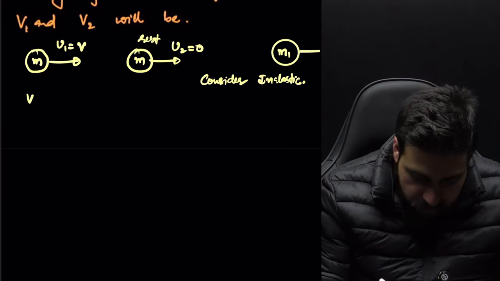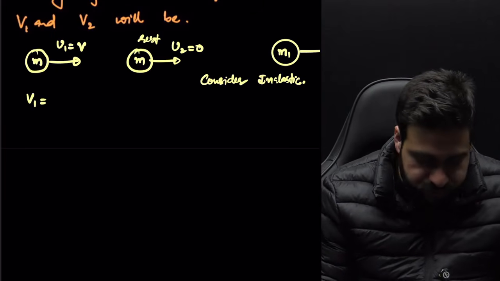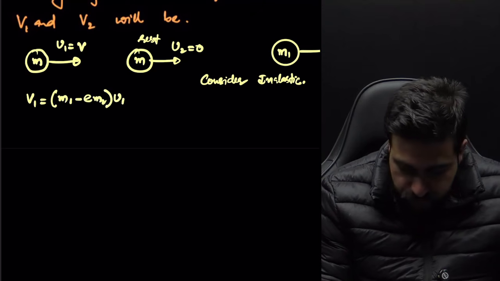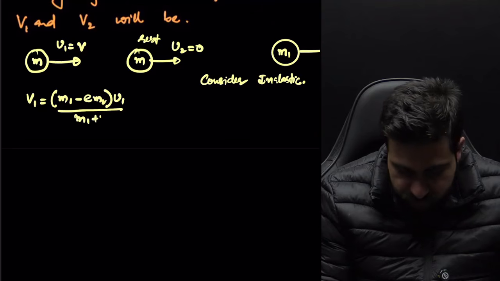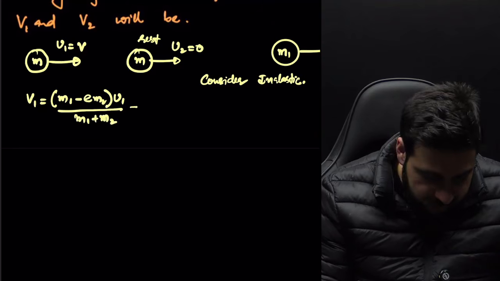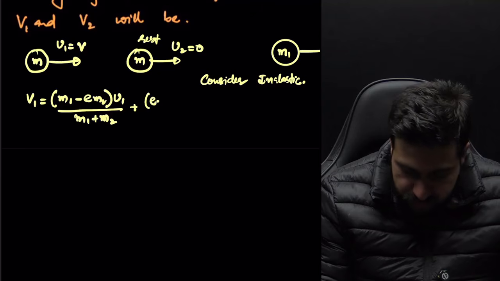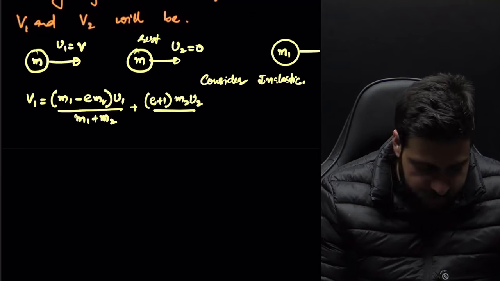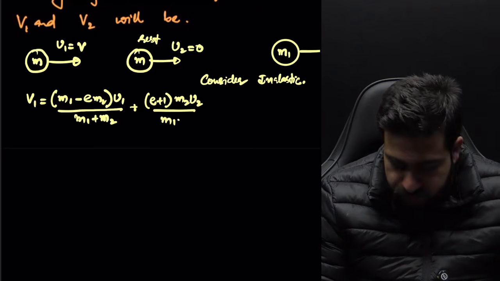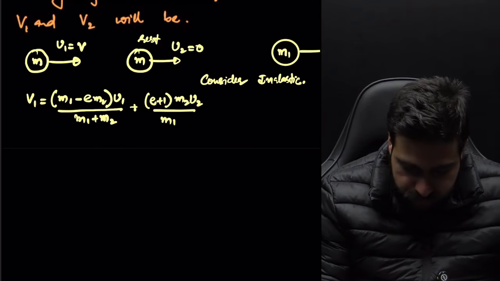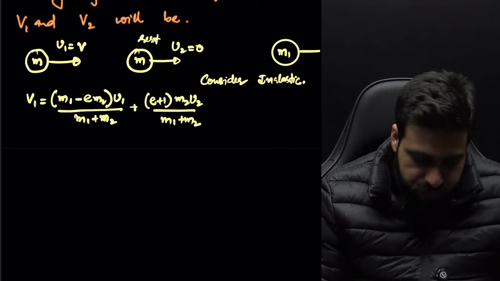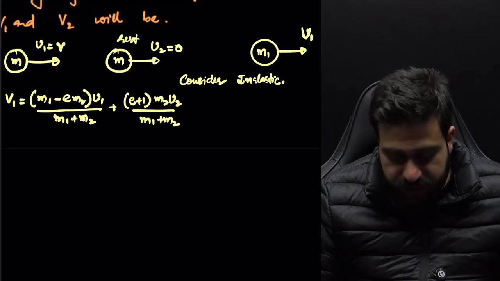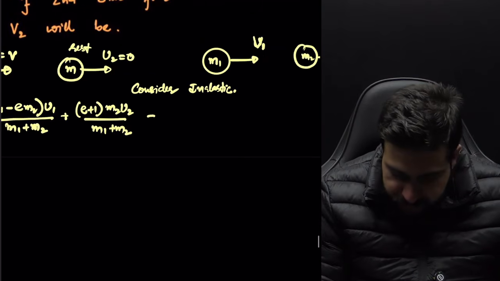In case of inelastic, V1 will be equal to (M1 minus E times M2) into U1 upon (M1 plus M2), plus (E plus 1) M2 U2 upon (M1 plus M2).